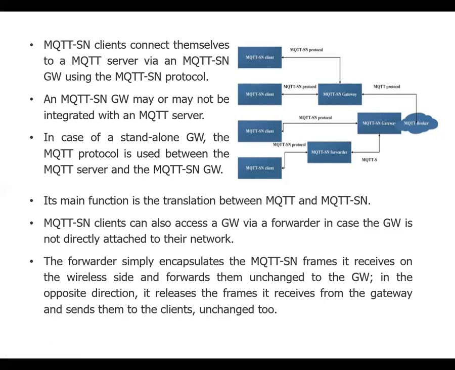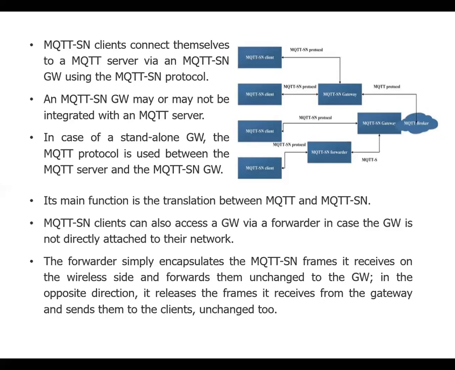And you can see MQTT using TCP and MQTT-SN using UDP. So the message format is also different. So if they want to communicate, there should be a specific gateway that can translate.